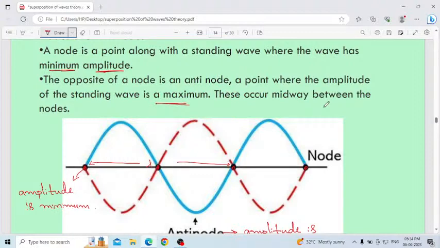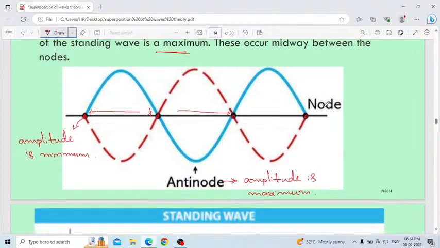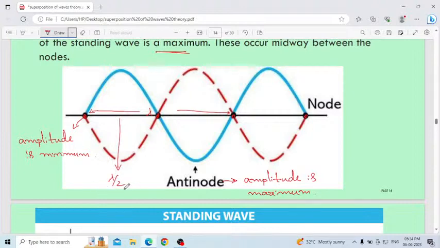This occurs midway between the nodes. The distance between two successive nodes is lambda. We will consider this as one wavelength also. Then the distance between two nodes we will consider as lambda by 2 of the wavelength.